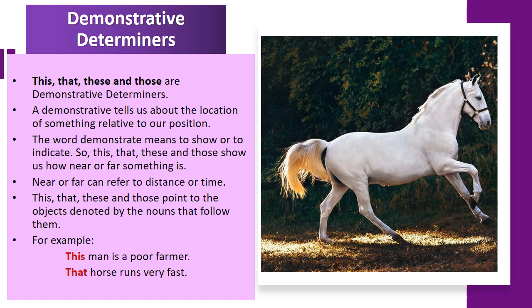So here this indicates that the man is standing near the speaker and is singular in number. That horse runs very fast. So here that indicates that the horse is far away from the speaker.